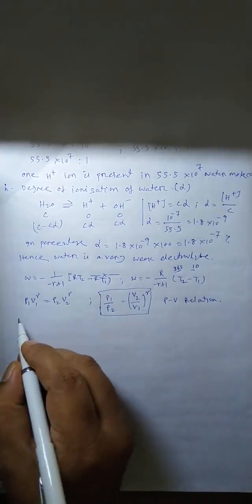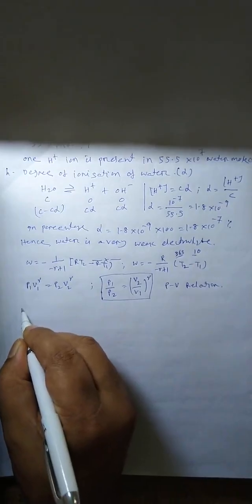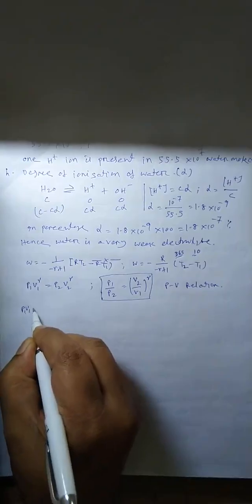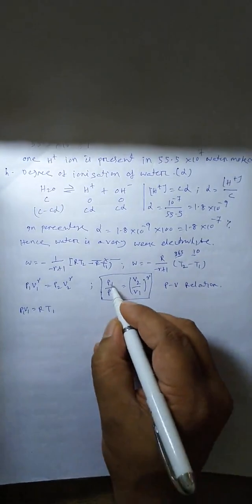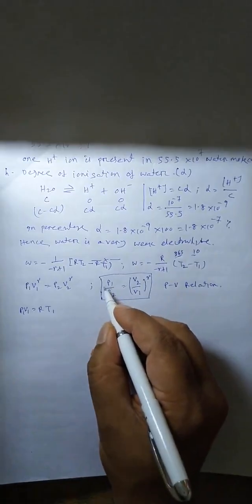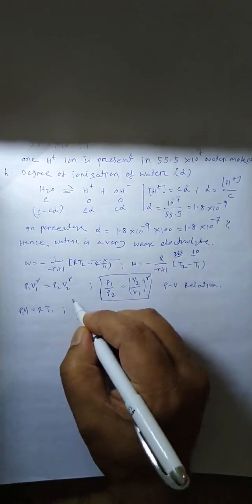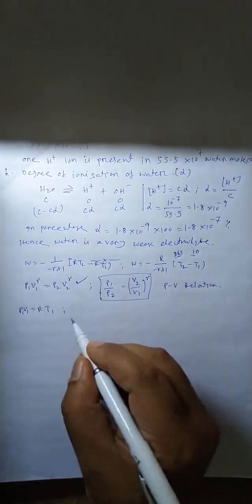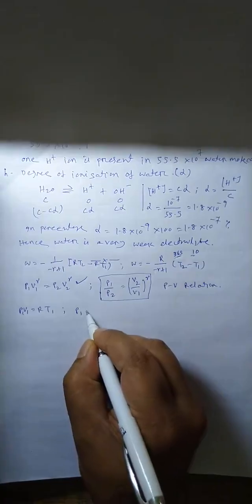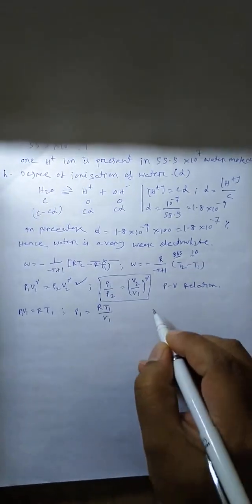From the ideal gas equation it is known that P1 V1 is equal to RT1. I want to replace this pressure P1, so P1 is equal to RT1 by V1.